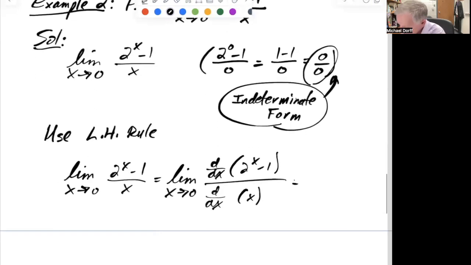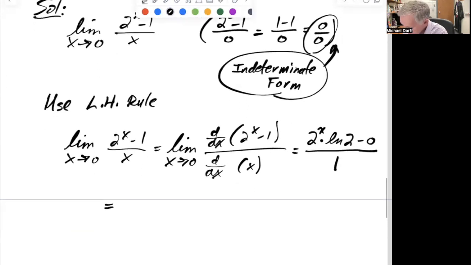Now, what's the derivative of 2^x? That may be something you have forgotten, but this is a good chance to review it. The derivative of 2^x is 2^x times the natural log of 2. And the derivative of -1 is 0. In the denominator, we have the derivative of x, which is 1.